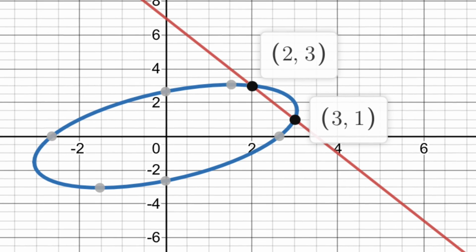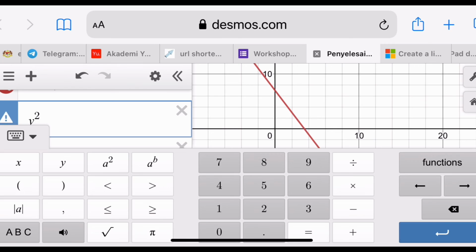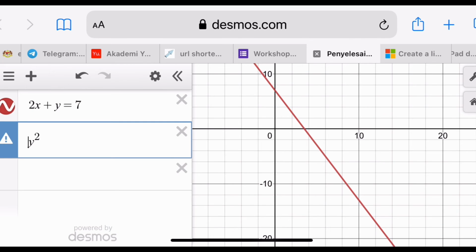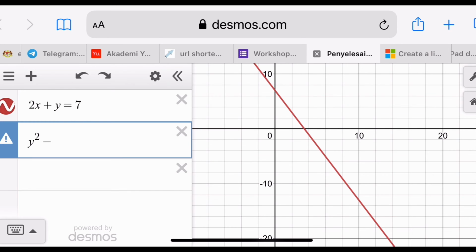So these are the two answers that you got from Desmos, (2, 3) and (3, 1). So I'm going to use Desmos to find out the answer. Let's try to draw the straight line 2x plus y equal to 7, which is a straight line with a negative gradient and intercept at y equal to 7. And I'm going to draw the curve.